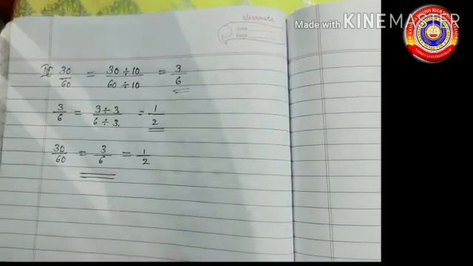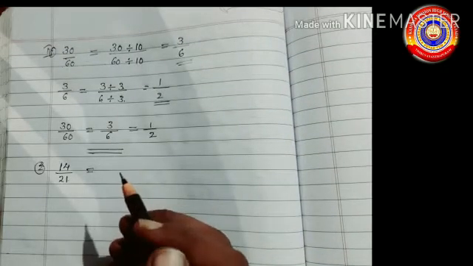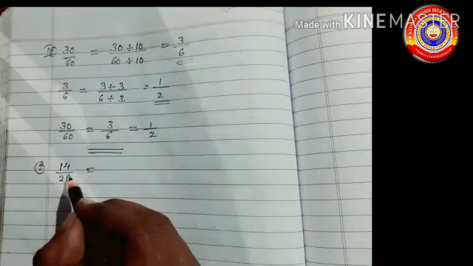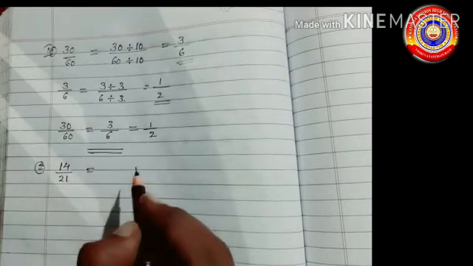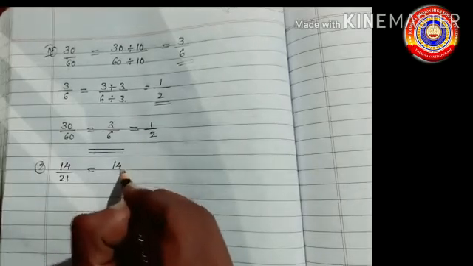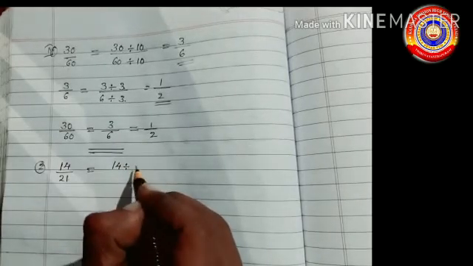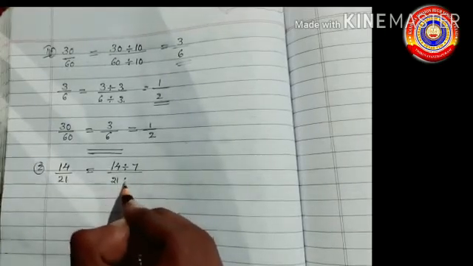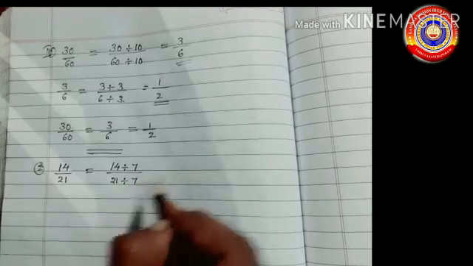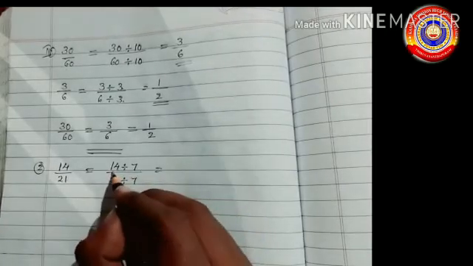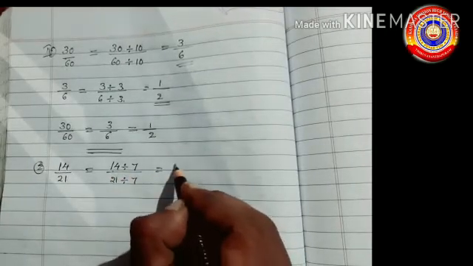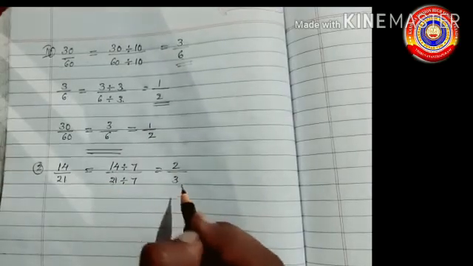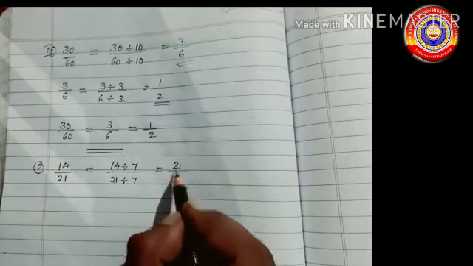Now the next question, question number 2. 14 by 21. Now tell me, which number will divide 14 and 21 together? Yes, it is 7. Then 14 divided by 7 by 21 divided by 7. 14 divided by 7 is equal to 2 and 21 divided by 7 is equal to 3.